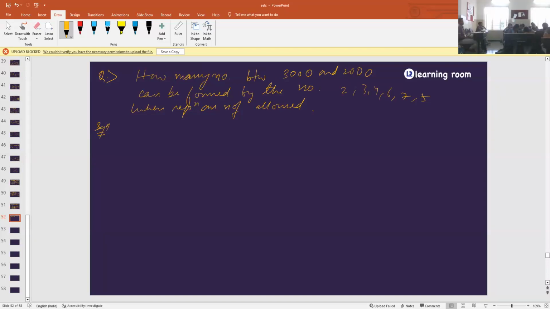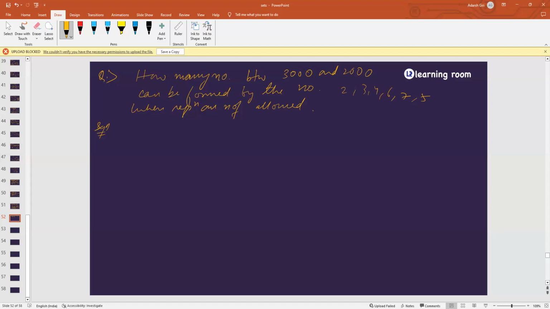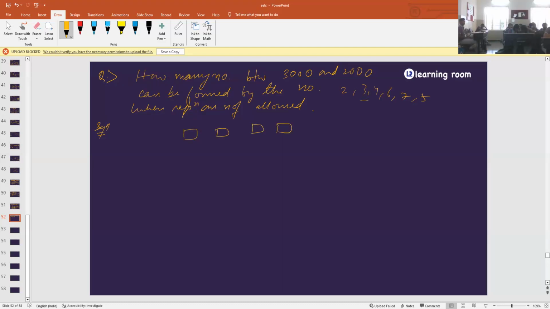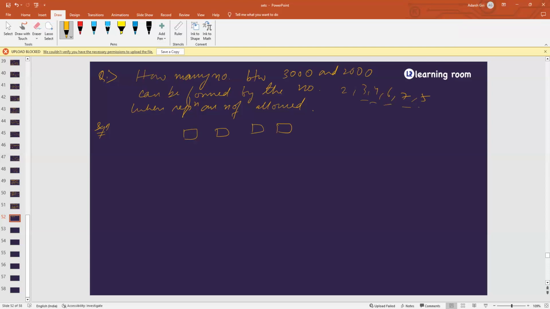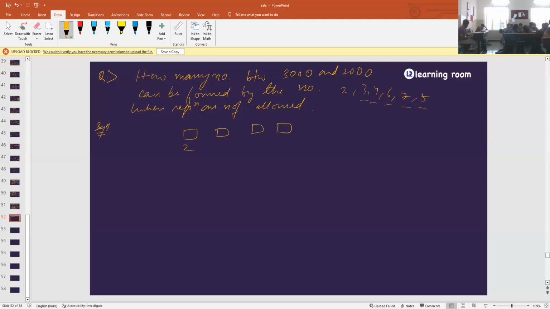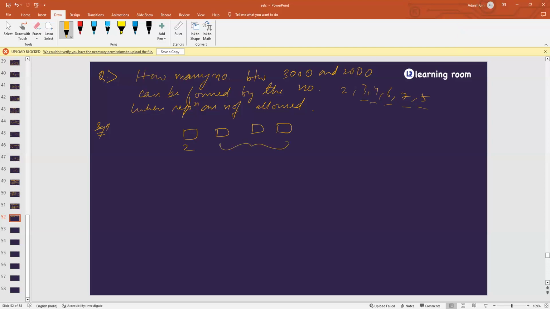So basically, if we have a 4-digit number, what are all the possibilities that we can put? Can we put 3 in the first place? No. 4, no. 6, no. 7, no. 5, no. Only 2 can be placed. So we have 3 positions to be covered, and we don't have repetitions, so 2 is not allowed now.